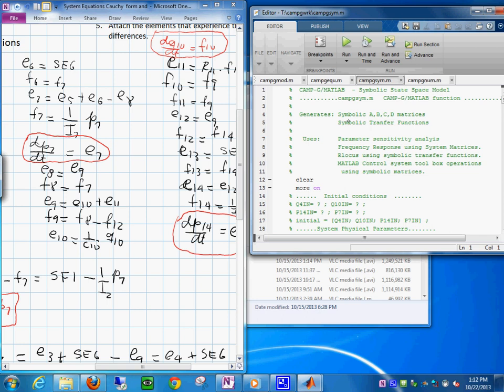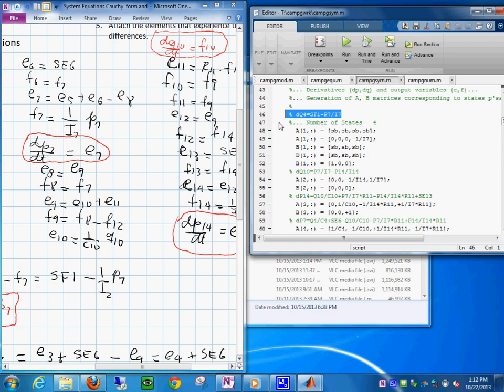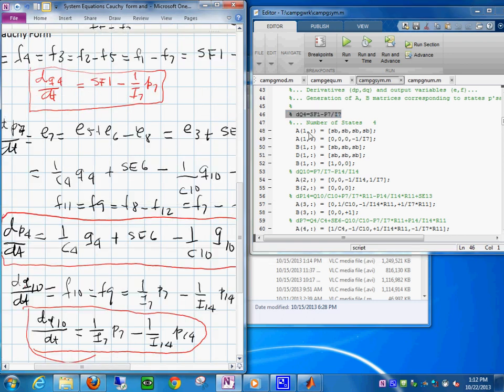And the last one, dp7 dt, which is, where is that one? That's not it. Yeah, and the one that dq10, that's the other equation, yeah, right here.